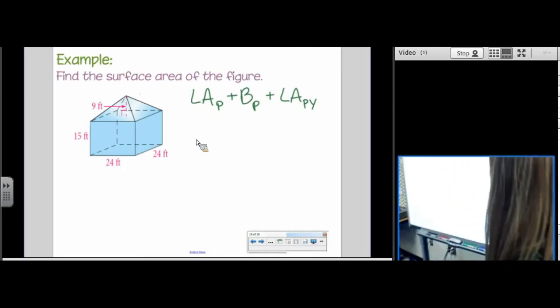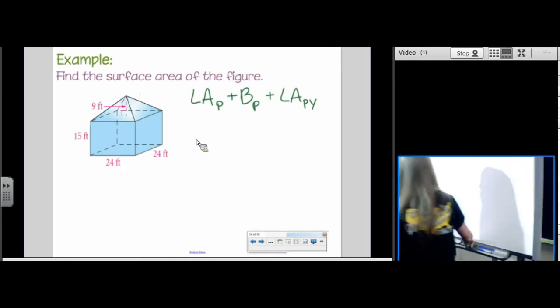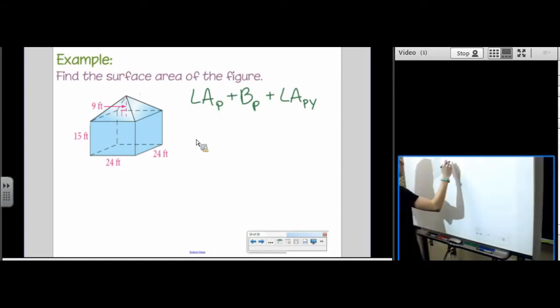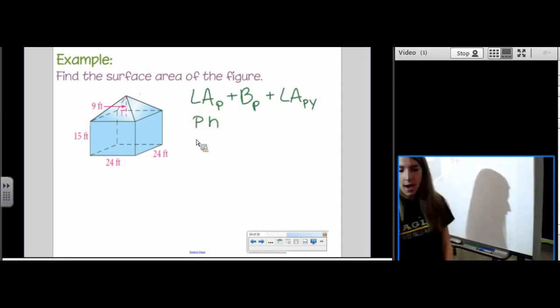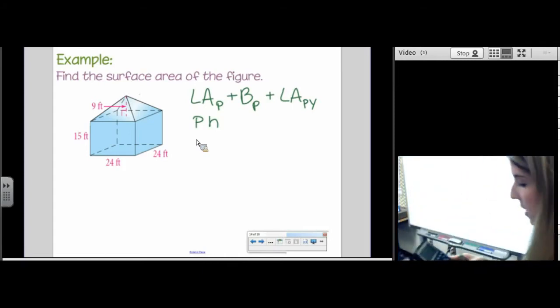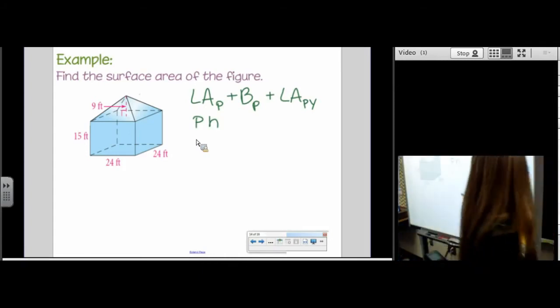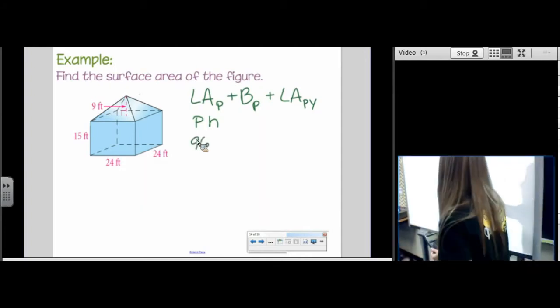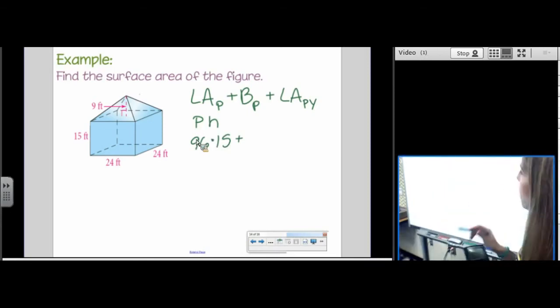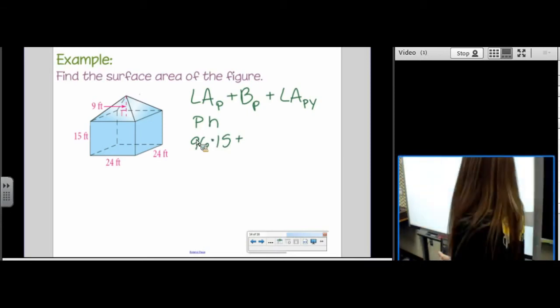So let's start to find them. The LA of the prism. So that is P times H. The perimeter of the prism, 24 times 4, 96. And the height of the prism is 15. Okay, how do you find capital B for the prism?